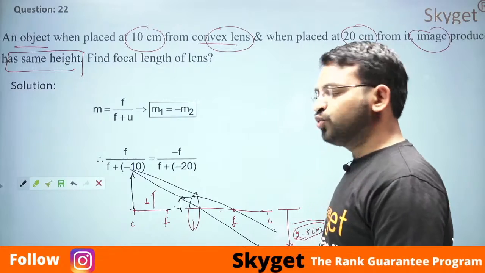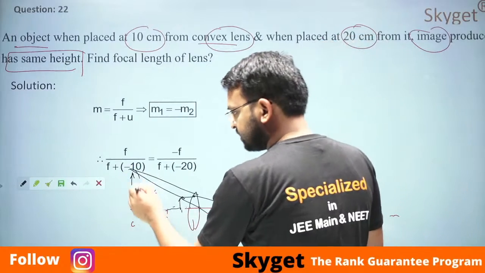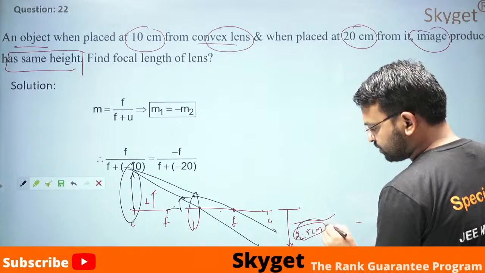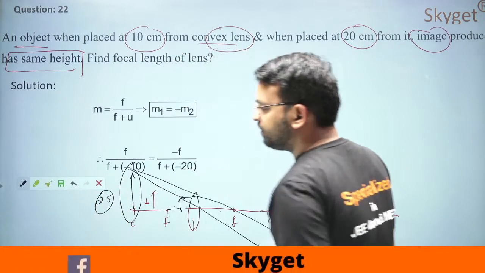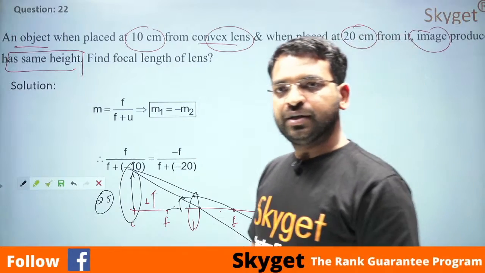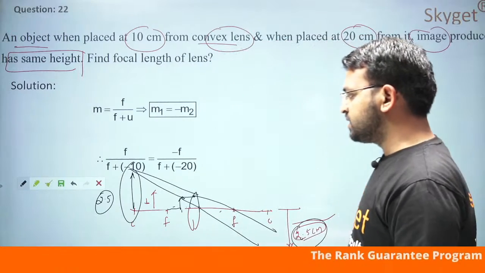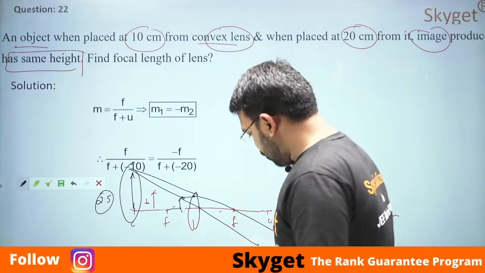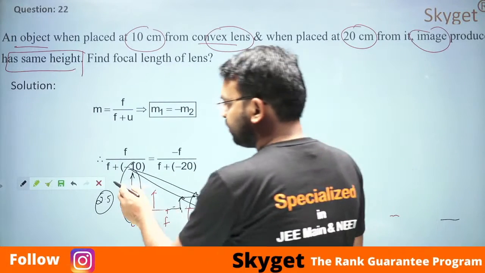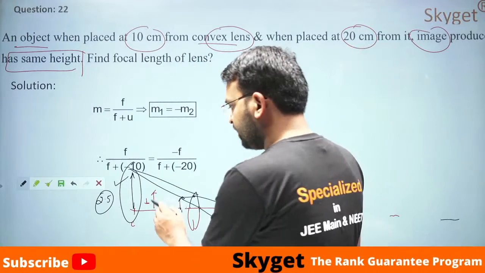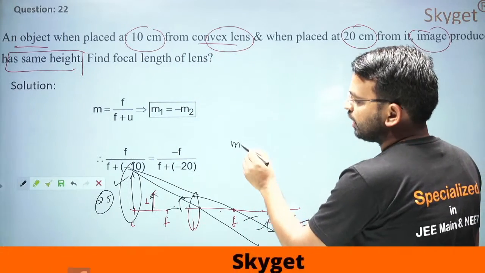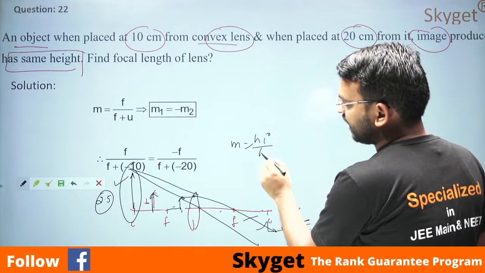In this case, let's suppose this is 2.5 centimeter, you can get the same kind of image, 2.5 centimeter again. Understand? So there are two different cases in which you can get the same height. One can be your real image, the other can be your virtual image, right? So in one case, your magnification is height of image over height of object.